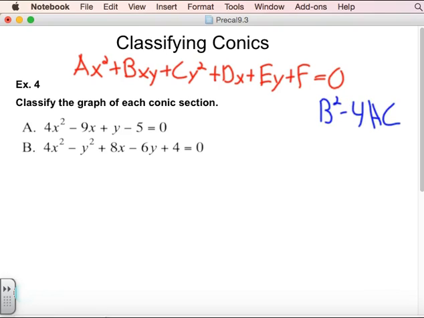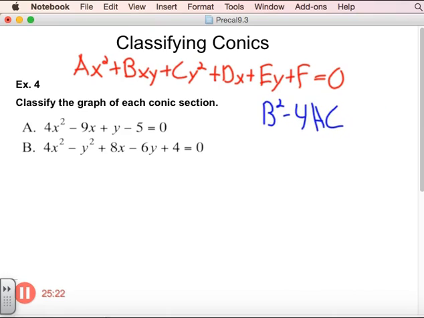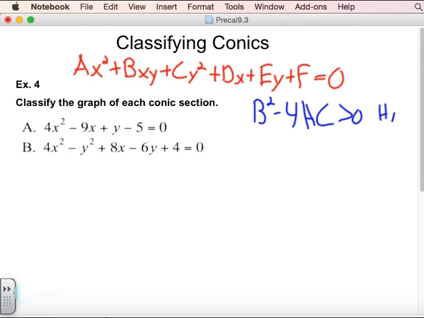Now, if that sounds familiar, it's because it's exactly what you use in the quadratic formula. So what you want to do is determine the value of b squared minus 4ac. If that value is a positive number, so greater than 0, then you have a hyperbola.